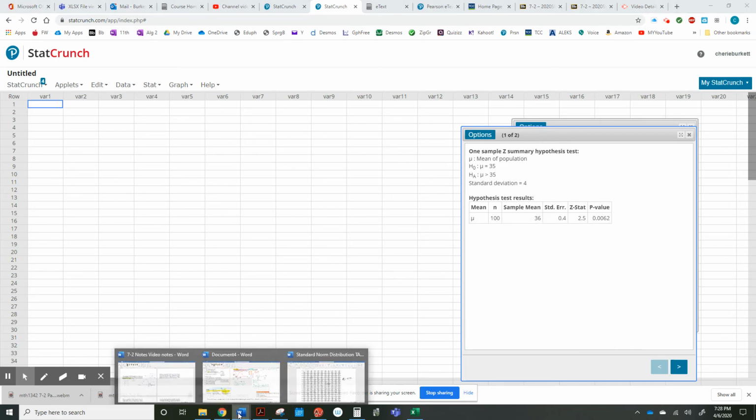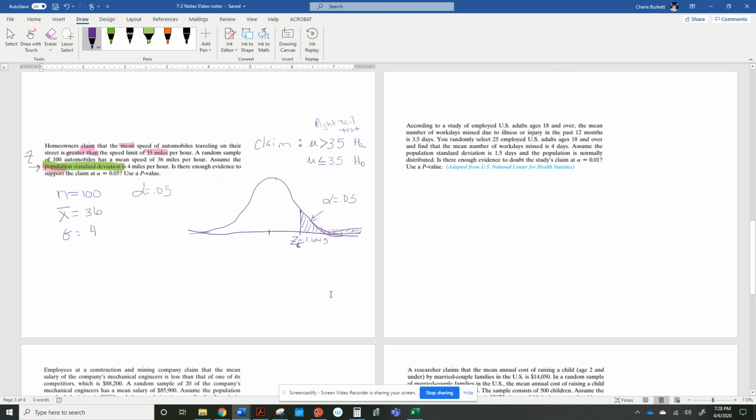So I'm going to go back over here. Okay, let me change colors. StatCrunch told me that my Z was 2.5. So 2.5 is going to be way over here.